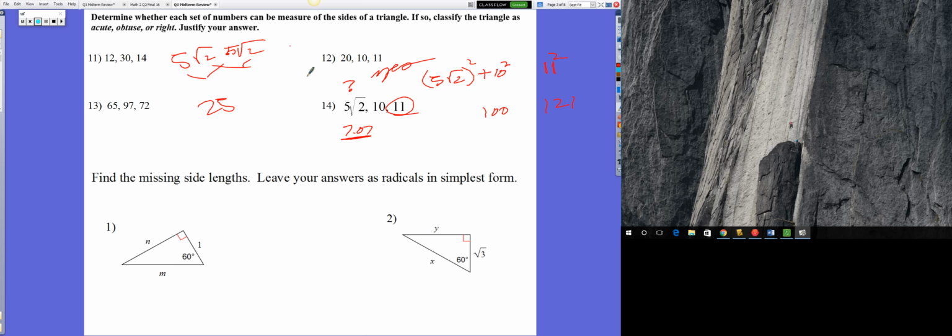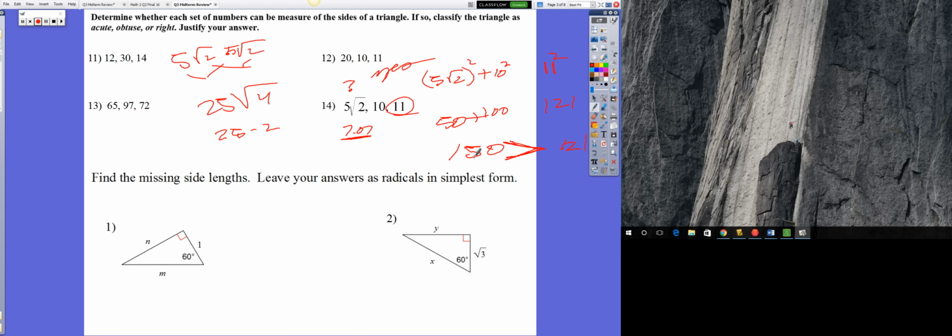The 2's times together, and that's 4. And square root of 4 is 2, so 25 times 2. These square and give you 50. And if you add it to the 100, that's 150. And 150 is greater than 121. So if the little guys are bigger, that's acute.